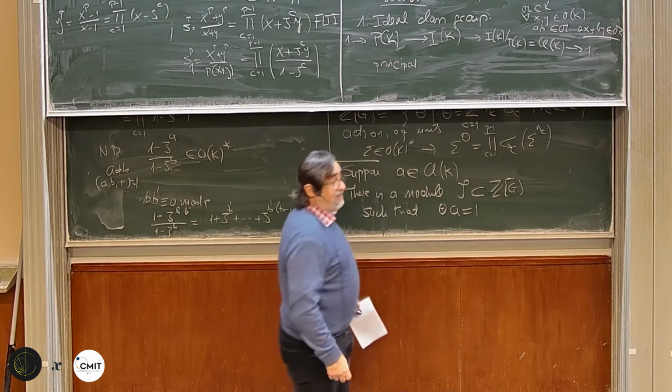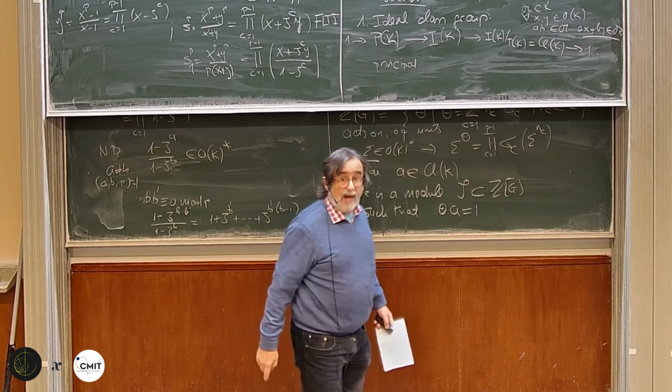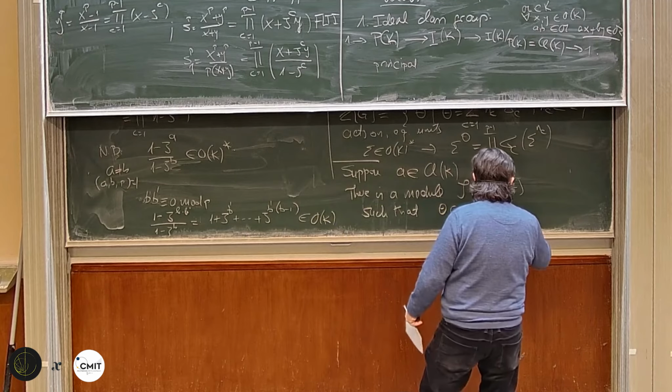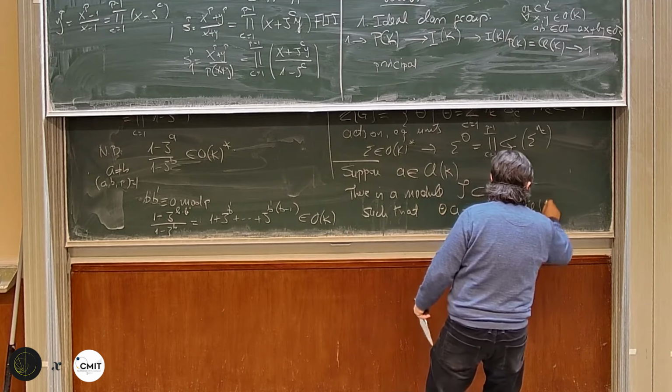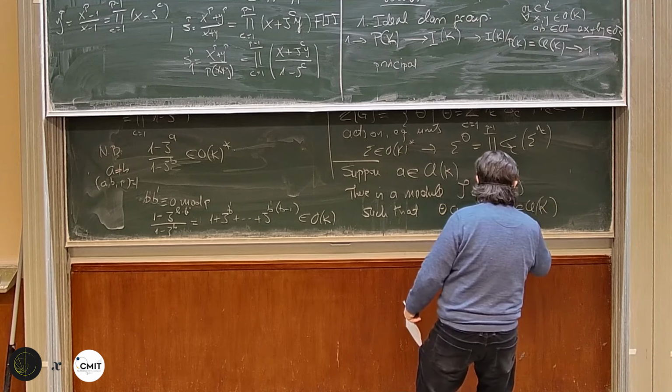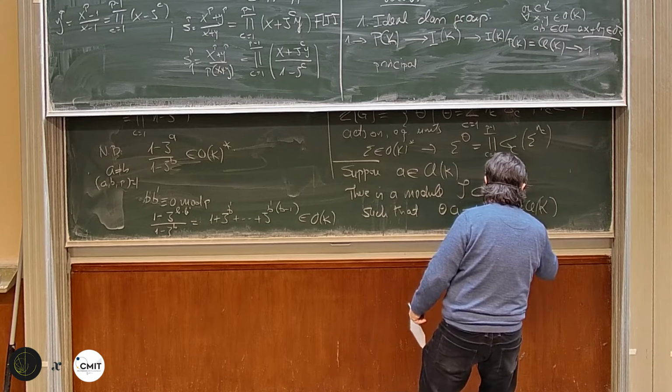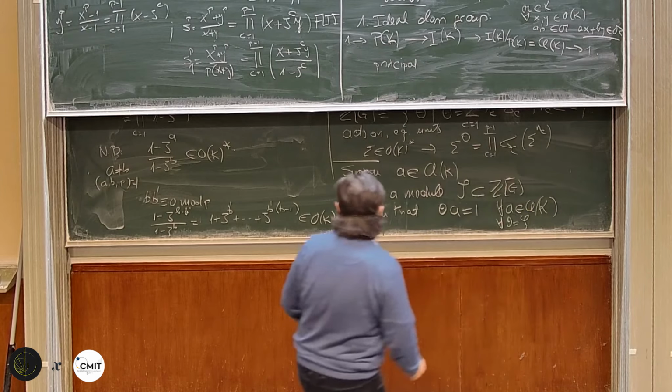The class of the principal ideals is the element 1 in the class group. And this holds for all A in the class group and for all elements theta in my ideal S, which is a Stickelberger ideal.